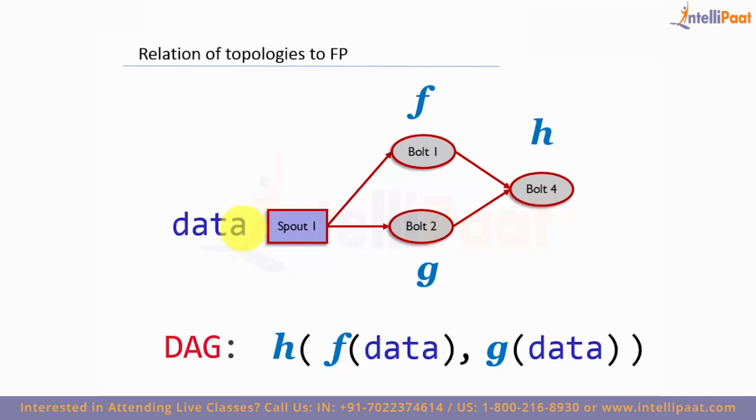The output from these functions or bolts will be further processed by function h, which is implemented in bolt 4. This way I can relate my topology to a functional programming paradigm, where I can represent my execution logic or bolts in the form of functions, and here is a best example to demonstrate this in detail.